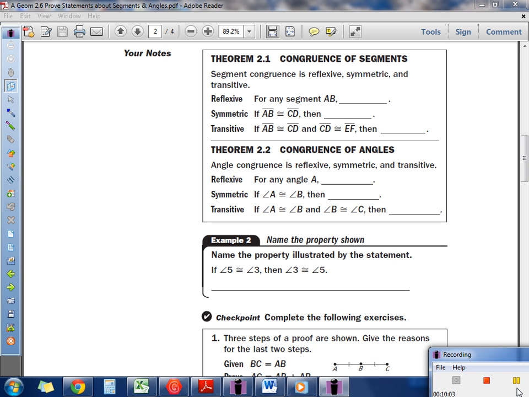Don't forget your segment symbols and your tilde. That's not good notation right there. No. Angle symbol. No.